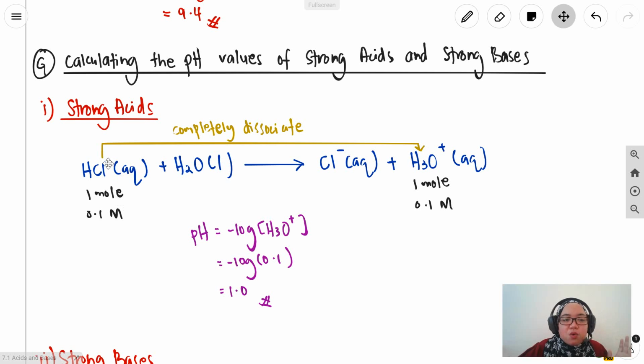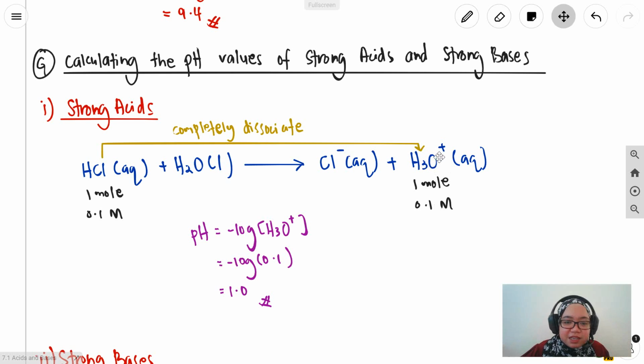So we know that 1 mole of hydrochloric acid will form 1 mole of hydronium ion. Since the strong acid can completely dissociate or completely ionize to form the hydronium ion, we assume that it also can form 0.1 molar of hydronium ion.